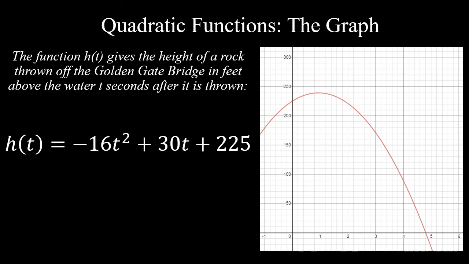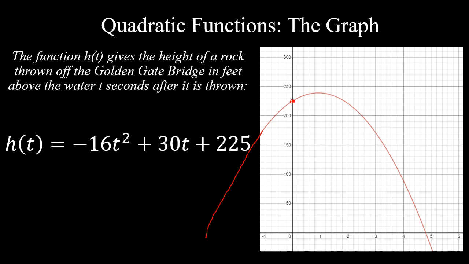Now, let's just quickly look at this graph. If I had given you the whole picture, the parabola would have gone like this. But I wanted to give you just the piece that we were concerned about. We know our y-intercept is 225.